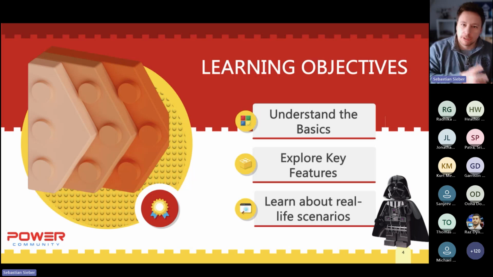As well, being aware of the key features, just to know in which situation the product may be a fit for the customer or for the process, and that you can consult or make extensions based on the fitting scenario. And learn about real life scenarios: learn from my mistakes so you don't have to make them. Then we can start with the core features.